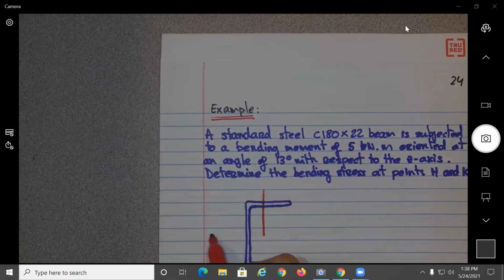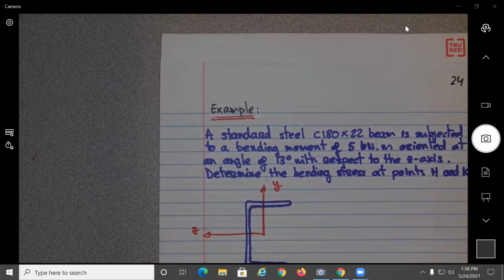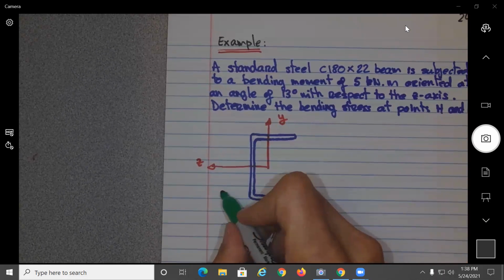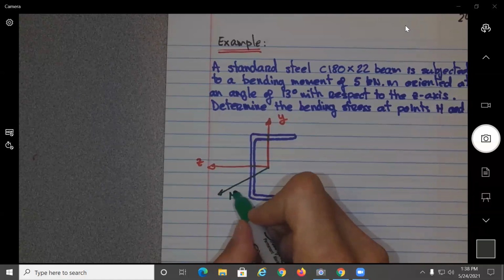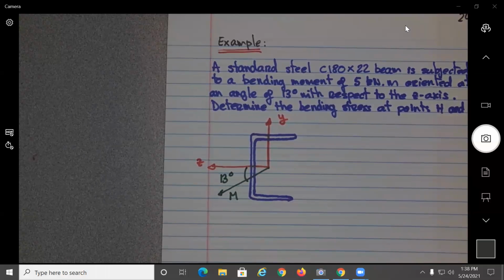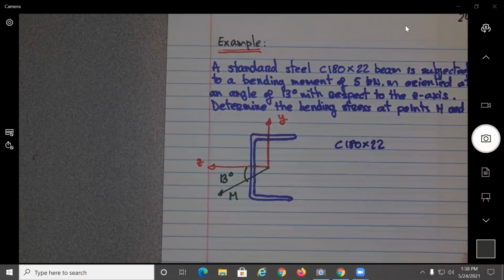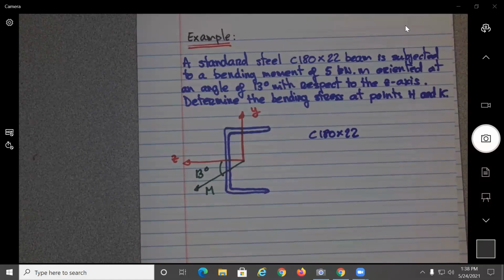So we use the coordinate system. This is the Y, this is the Z. And what it's saying is that the load, the moment, sorry, M over here, is at an angle of 13 degrees. This is the C180 times 22 beam.